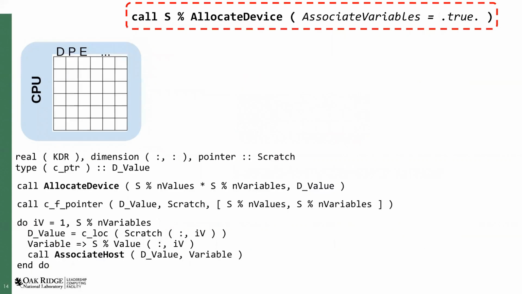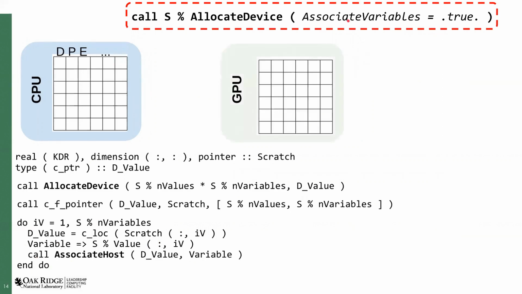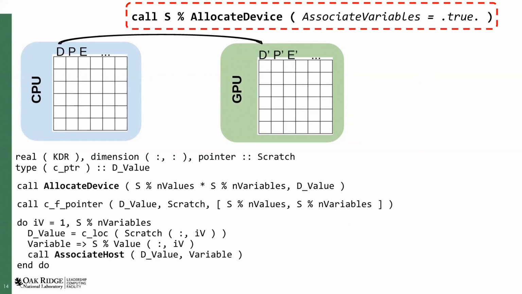So here's a call to allocate device with the option associate variables equal true, which is the default in our case. In this case, we allocate the memory on GPU, and then we create multiple mappings where each column on the CPU corresponds to each column on the GPU. And this bit of code really does what I just described above.